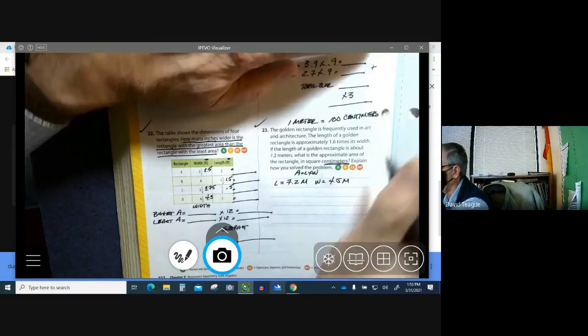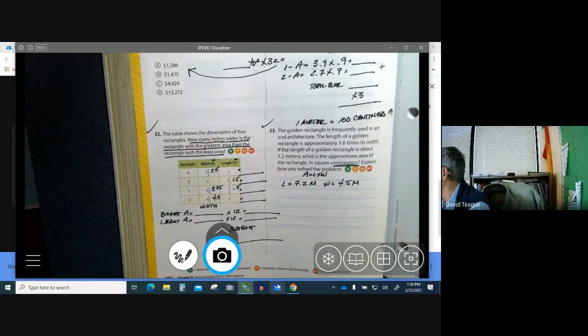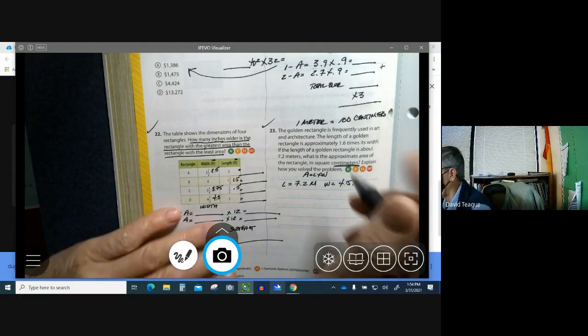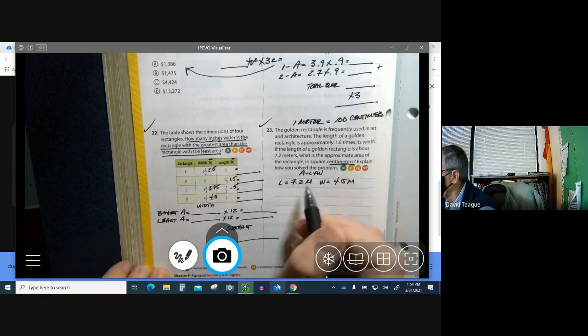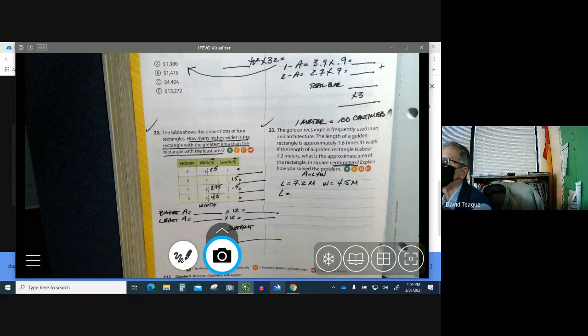Okay. So if I was to convert these meters to centimeters, I could multiply by 100. Or what's another easy way I could do it, where I don't have to do the math? Very good. So you're on the right path. You could add 2 zeros, or you could just move the decimal point. So if I take my 7.2 and move my decimal point, am I going to go to the right or the left?